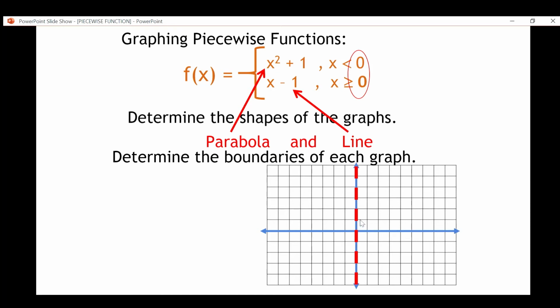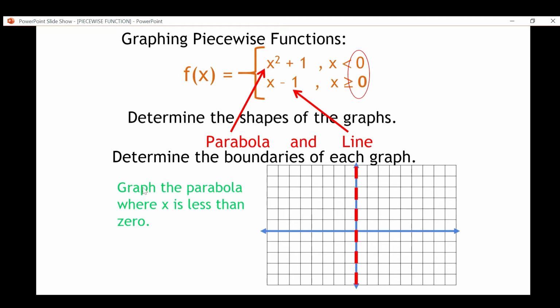So, from 0 to positive infinity. So, dito, class, tatandaan natin, dito naka-include or naka-close yung 0 natin. So, ibig sabihin, dito siya kasama sa second na graph. Okay? So, may difference din yan sa graph. Mamaya makikita natin. Kapag walang ganito, walang line dito, at saka mayroong line dito. Okay?